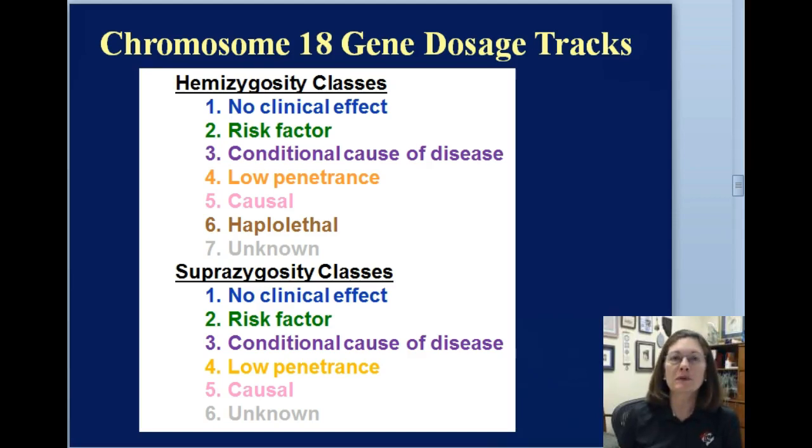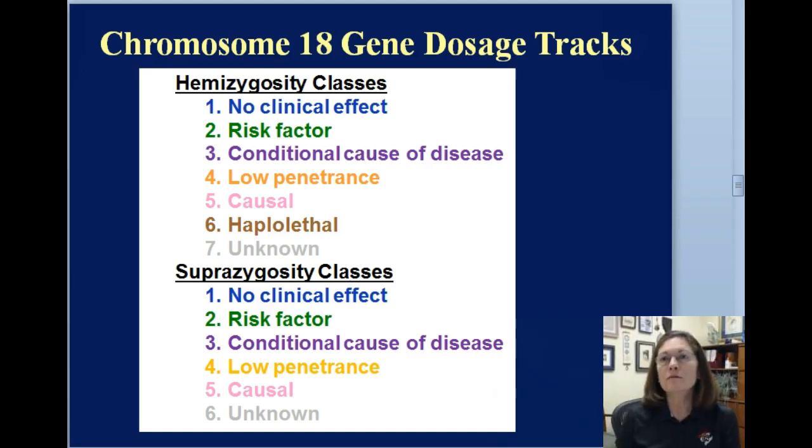Those color-coded blue, we think, have no clinical effect. So either there's no effect at all, or it's maybe a difference in the level of something in your blood, but never enough to cause disease. So those are color-coded blue, and the data we use to make all these classifications are shown on our website, so you can read what data we use to come to these determinations.